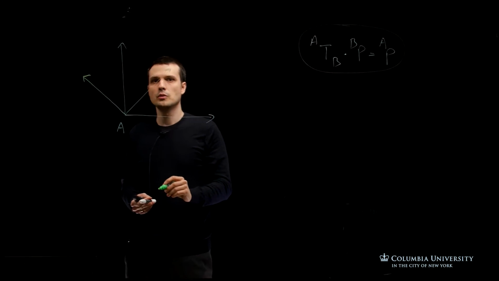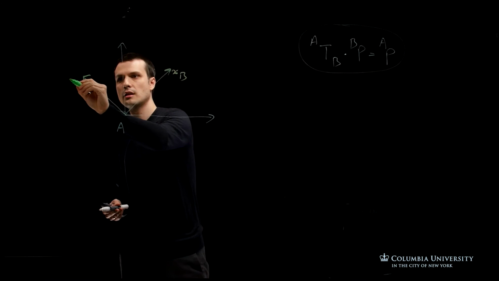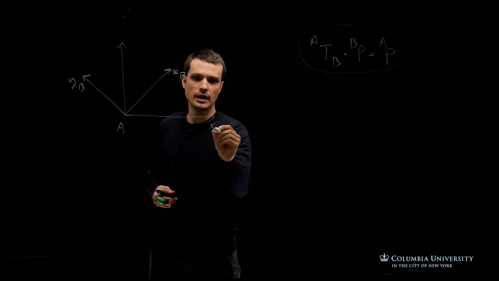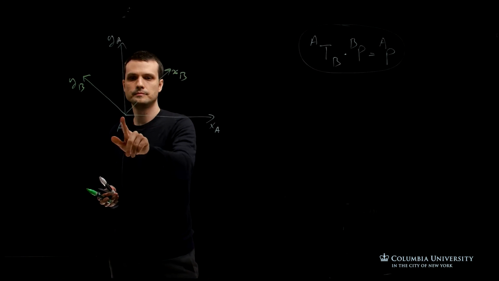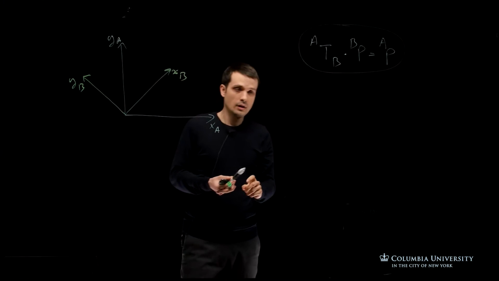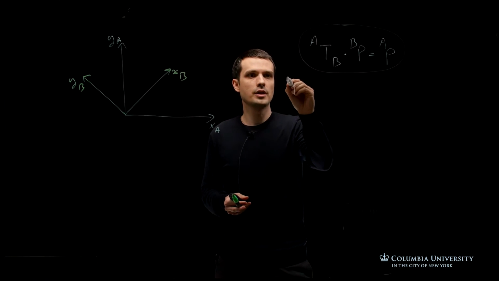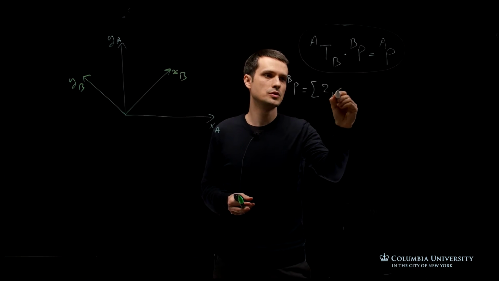Okay, so these are X, B, and Y, B. This is X, A, and Y, A. And let's say that point P, expressed in coordinate frame B, is 2, 0.